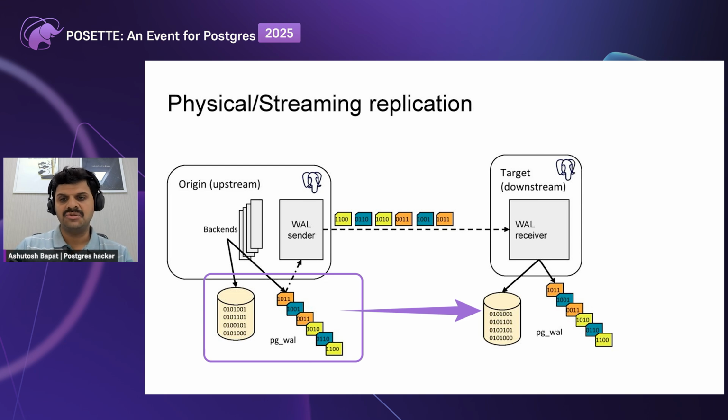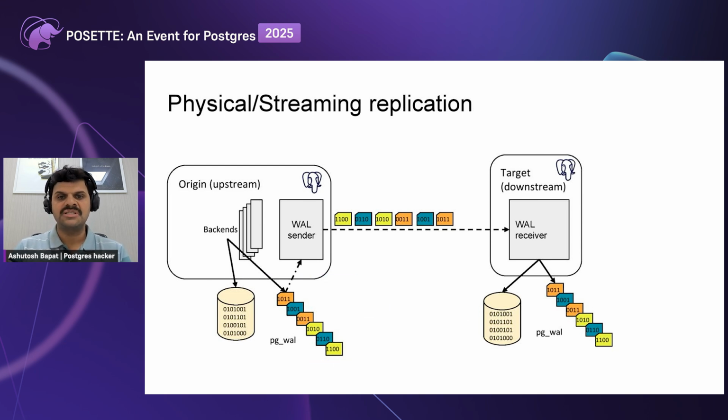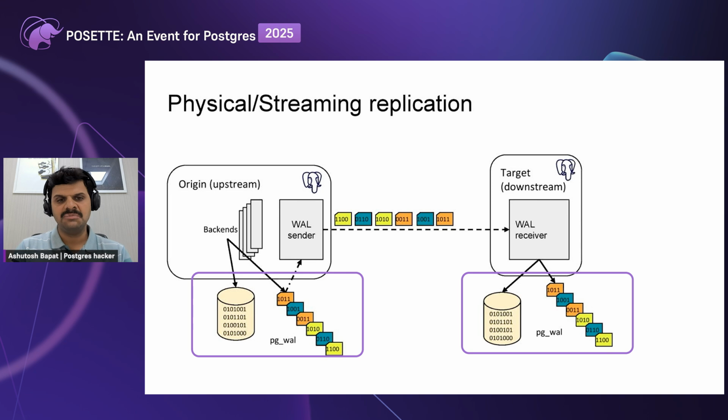We start applying those WALs, and when we have exhausted the copied over WALs, we start streaming the WALs as they are generated and apply them to the physical view, thus bringing the physical view on the target to the same level as the origin, and thus maintaining the replica or the consistency between these two views.